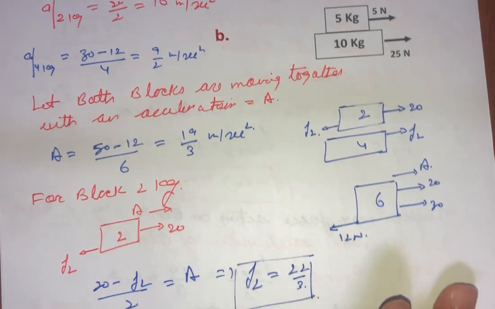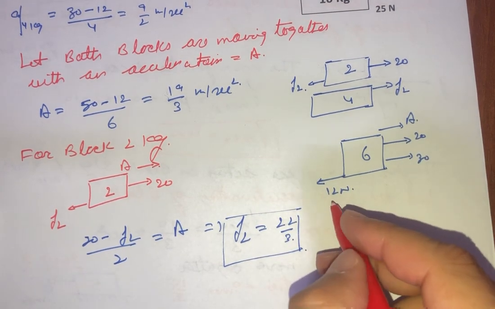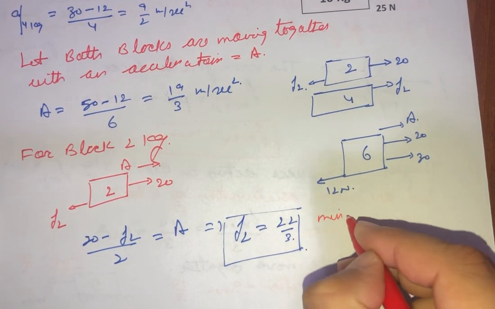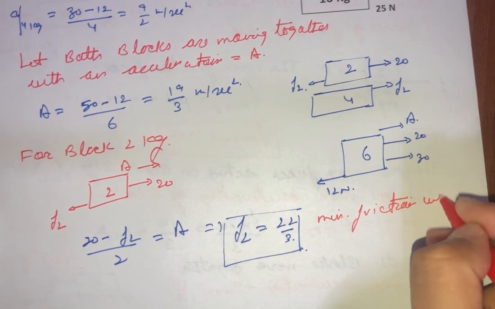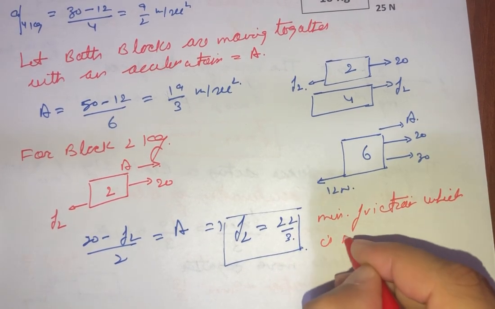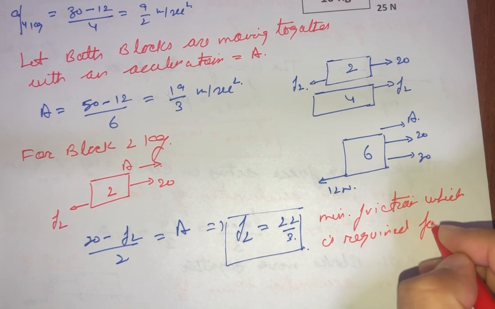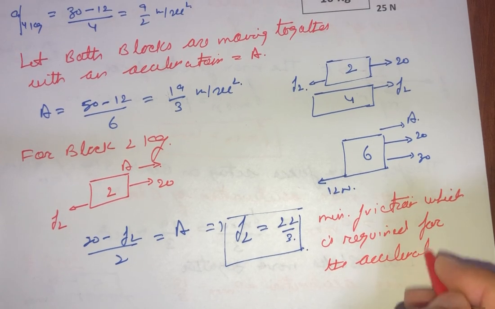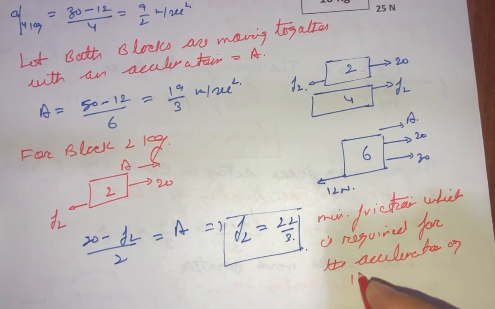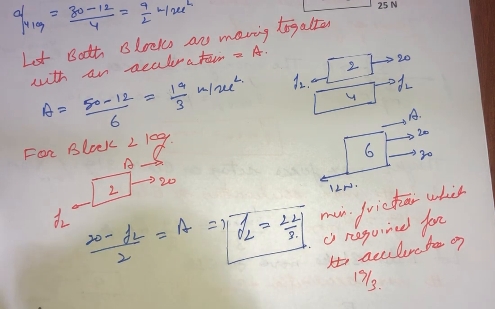Okay, so this F2 is nothing but the minimum friction which is required for the acceleration of 19/3, and we find out F2 max.